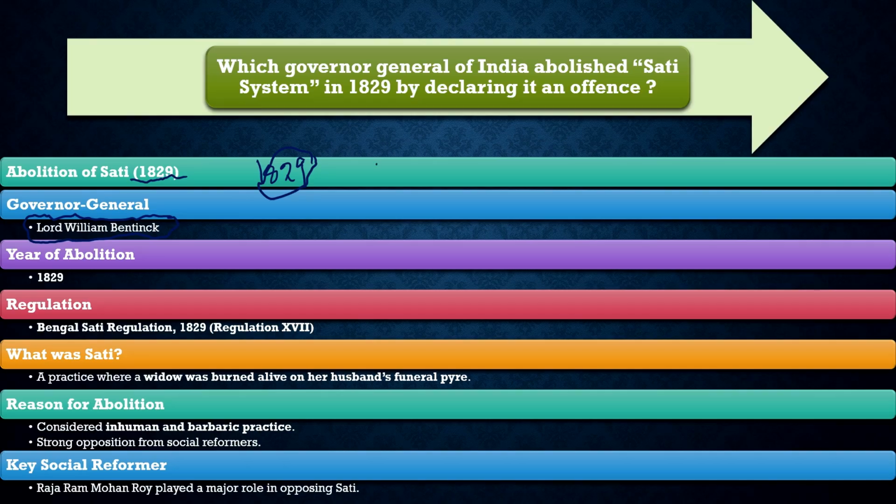Remember the year 1829. This year the abolition of the Sati system happened, and who did that? William Bentinck.